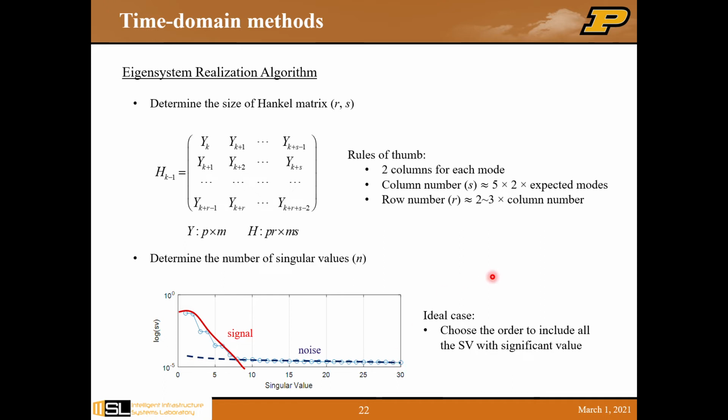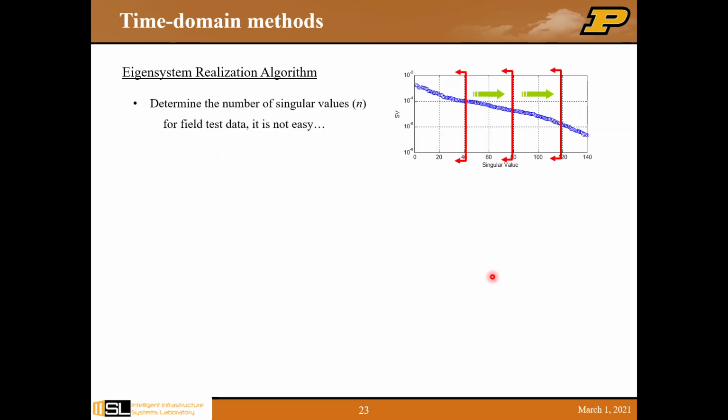We can choose the right value by comparing the significant values in the singular value plot. But in practice, it's quite challenging. Look at the figure on the top right.